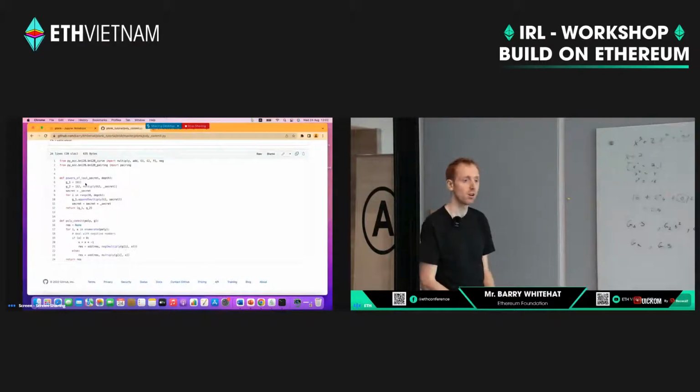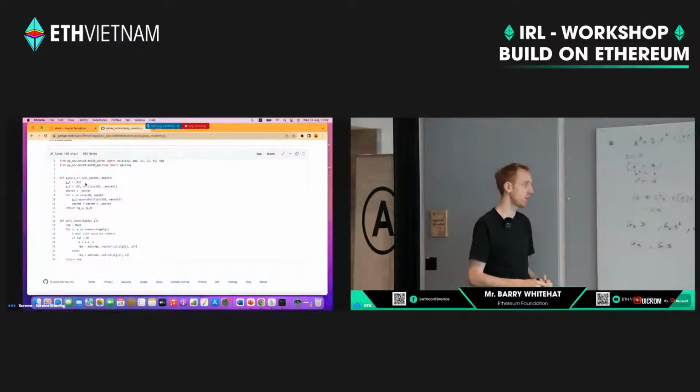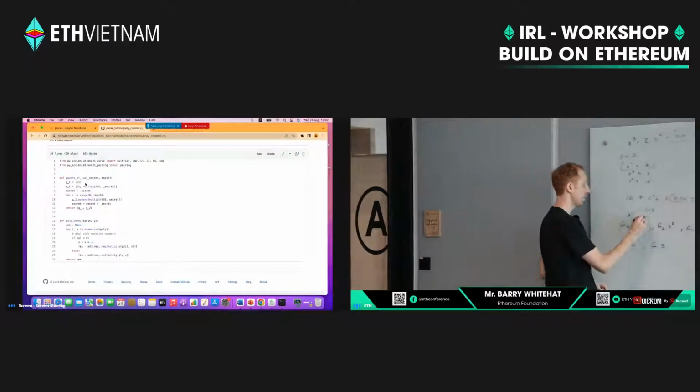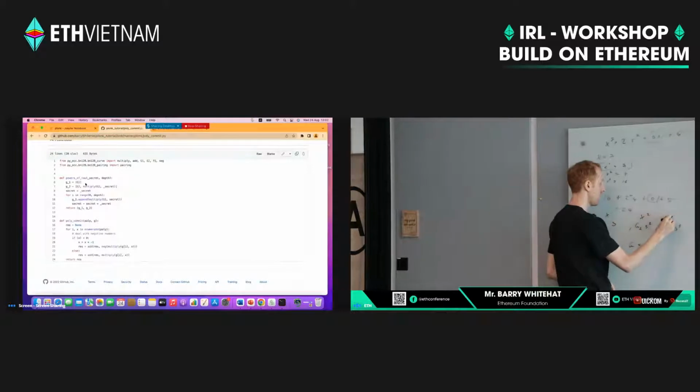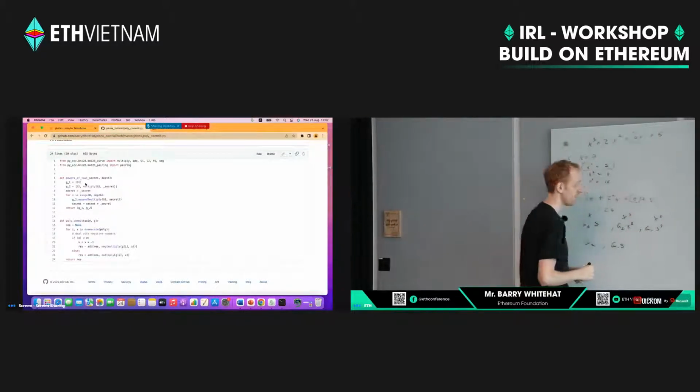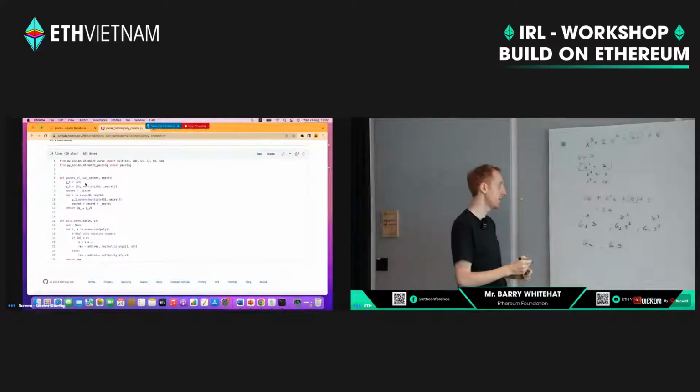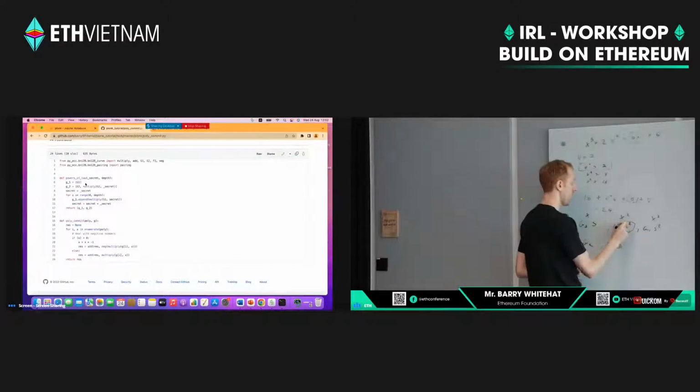The important thing to notice here is that there's a correlation: this is x, this is x squared, this is x cubed. And the point that we're evaluating this at is our secret point. X is our secret.